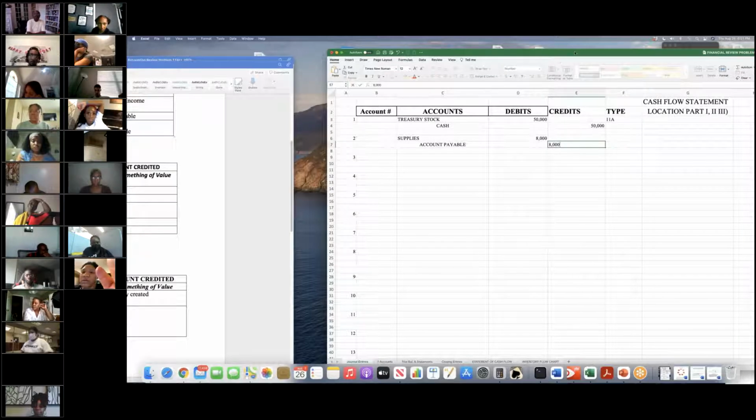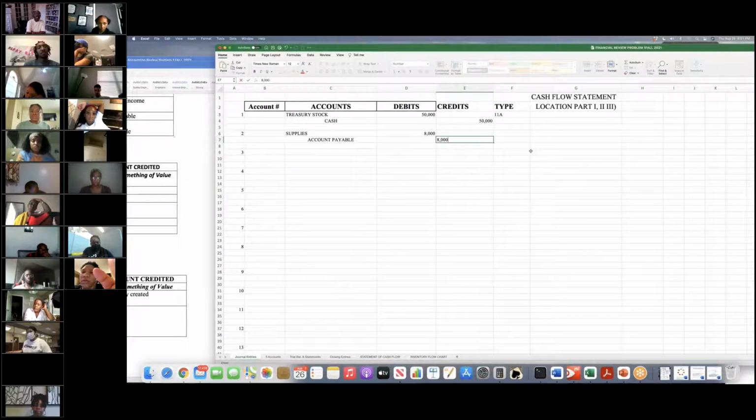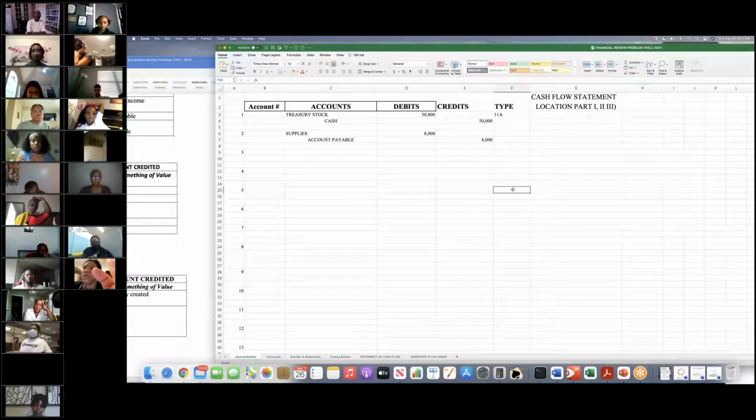Now, the other thing, we got to do a statement of cash flow eventually. So while we're going through, we just say, okay, what happened here, and in what part of the statement does it go? This type 12, I'm going to put 12.